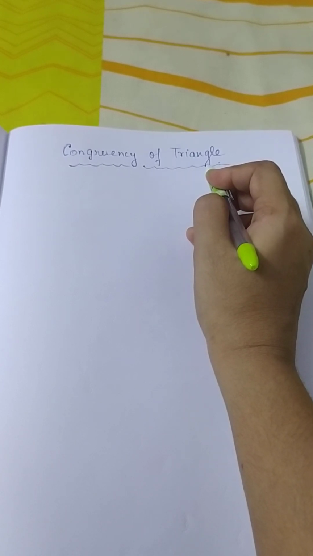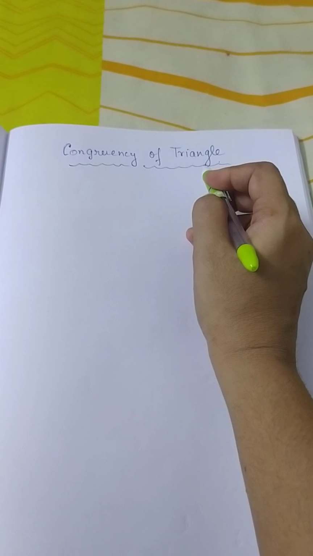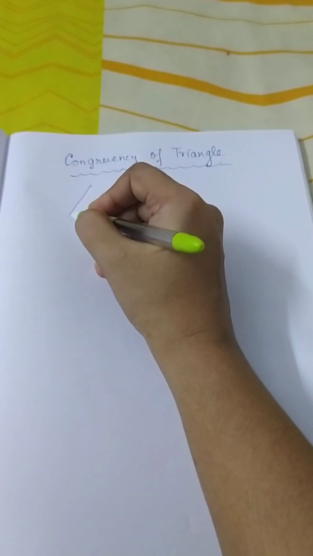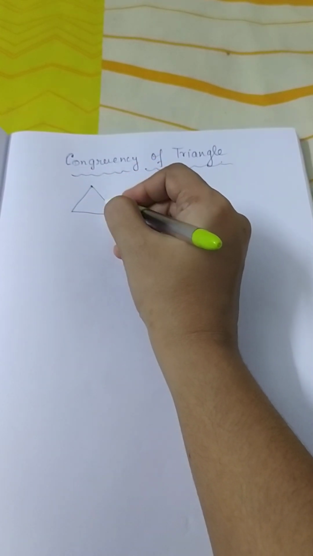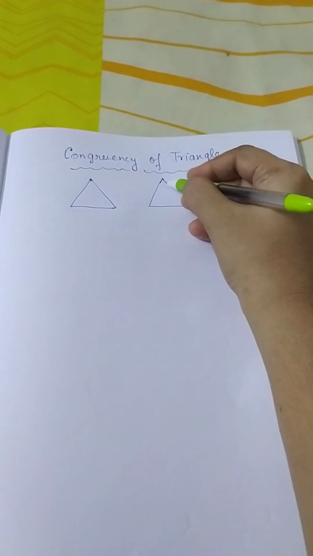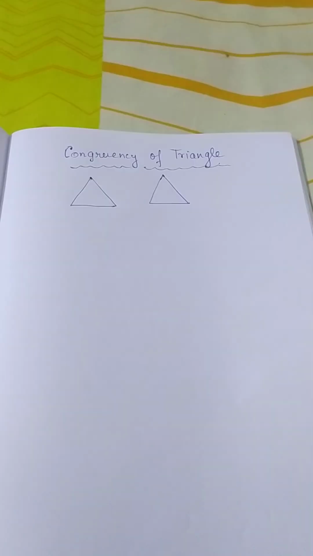Now there are different rules to find out the congruency of triangles. So let us first draw two triangles to understand the rules.